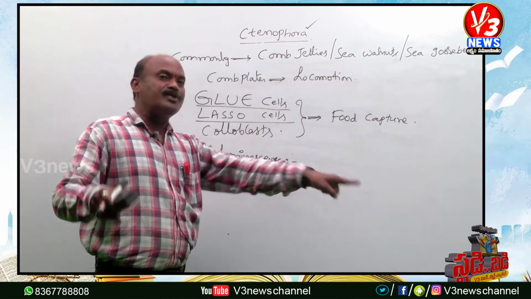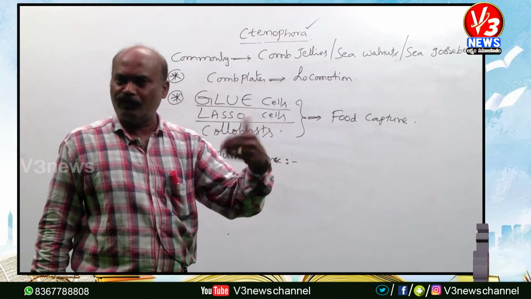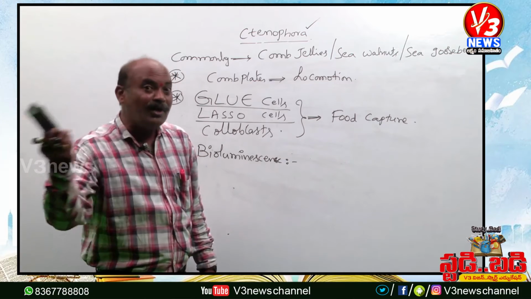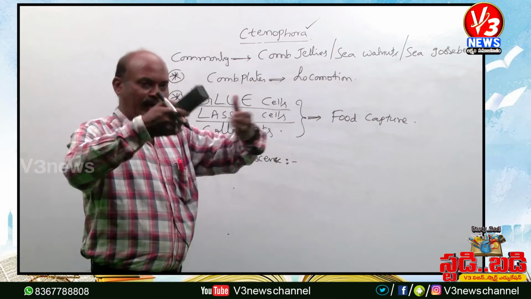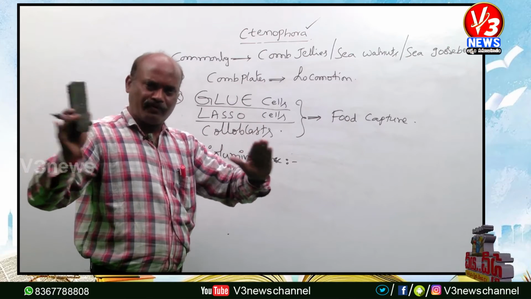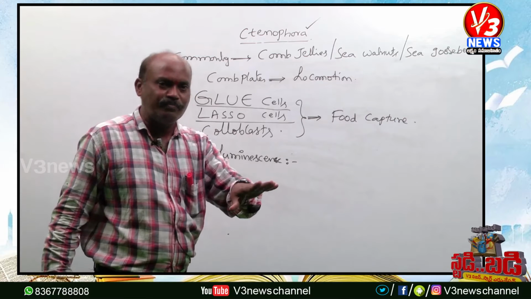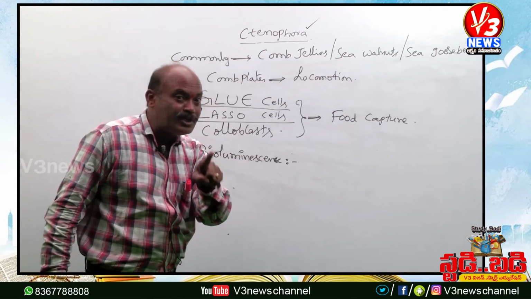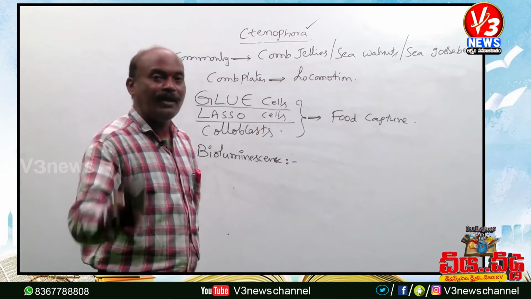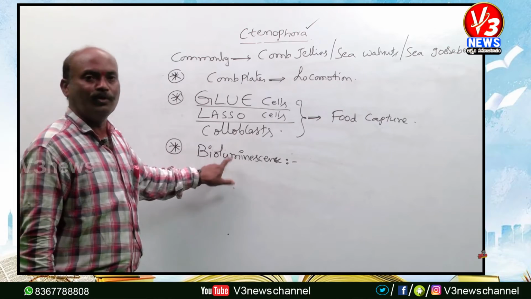But what is their speciality? You know well, the firefly. It emits light. The firefly is our familiar example, a living organism that can emit light. So the emission of light by living organisms is called bioluminescence.